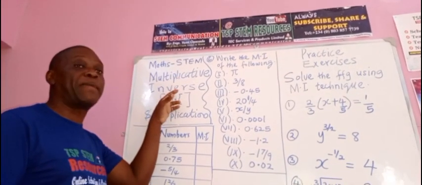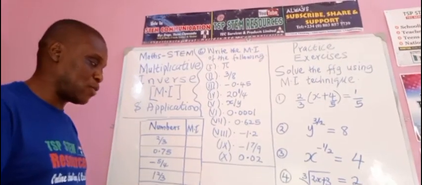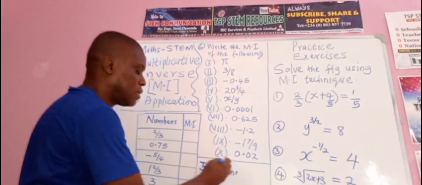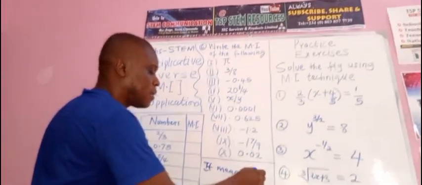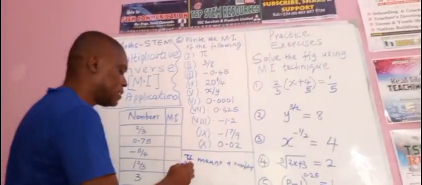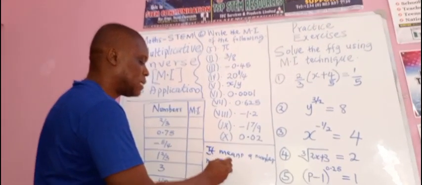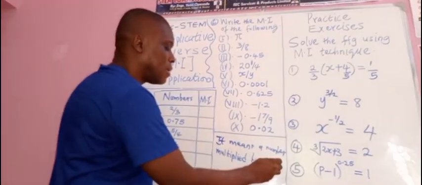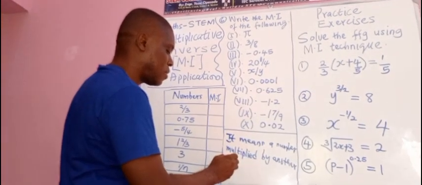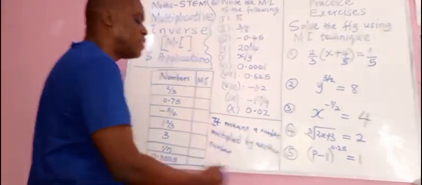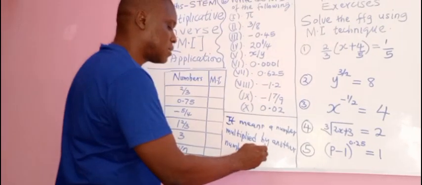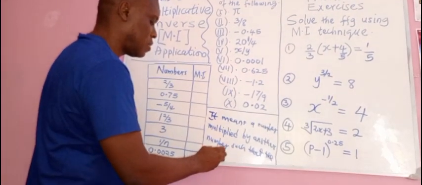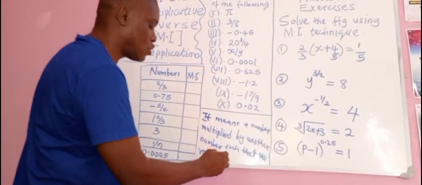Now, multiplicative inverse. What is meant by multiplicative inverse? I will explain that. It means a number multiplied by another number, or a given number, such that the result, or the final answer, equals 1.